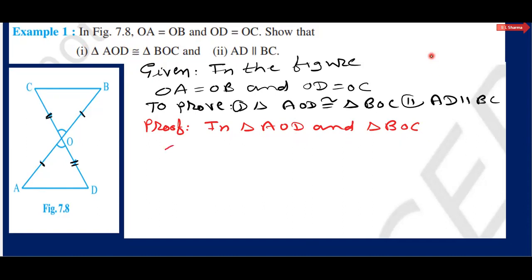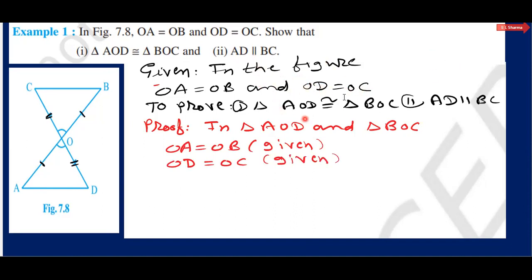OA is equal to OB, that is given. On the right hand side in the bracket, we write the reason why it is equal, because it is given. So OD is equal to OC. That is also given.